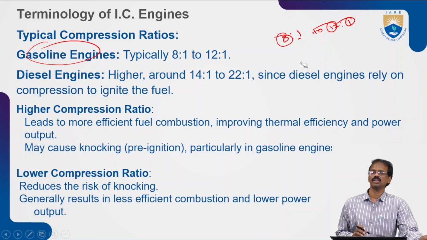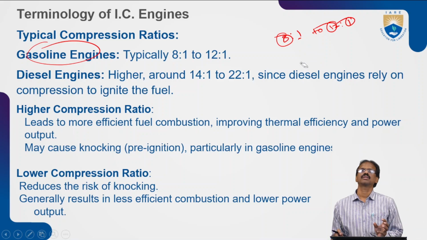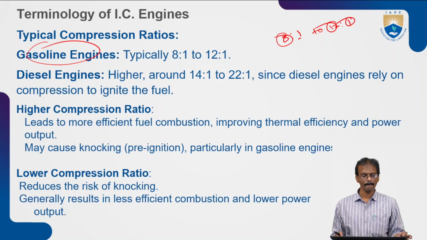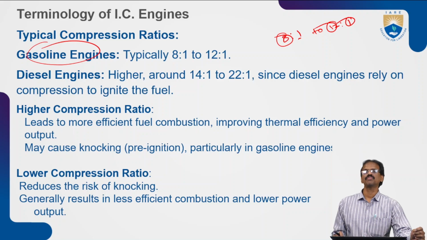In between, for SI engines the compression ratio will vary, because beyond this, if you increase the compression ratio, efficiency would increase, but there may be chances of knocking and pre-ignition. We'll see what knocking is, and the effect of knocking, in the next classes.